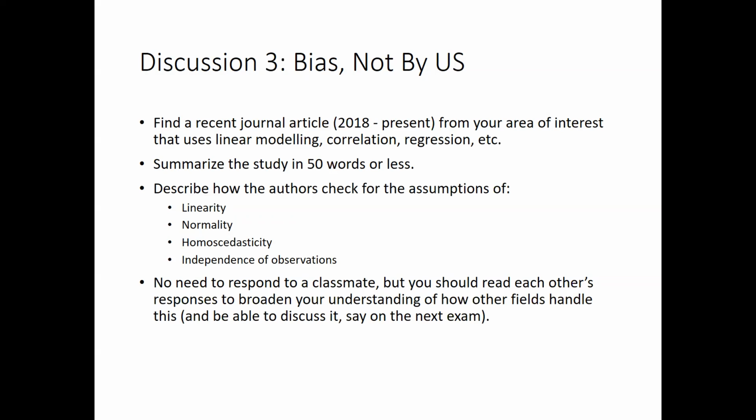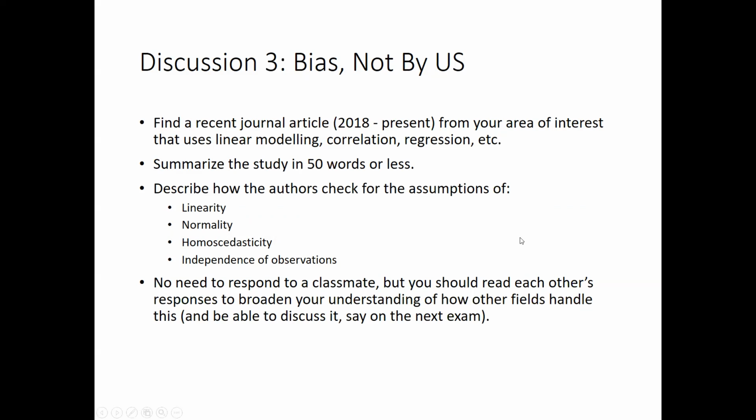This is the area where we tend to see people having to test for these assumptions within the linear model. And so first things first, for the sake of everybody, summarize the study in 50 words or less, okay? A paragraph or two. Make sense? Just do a quick summary.